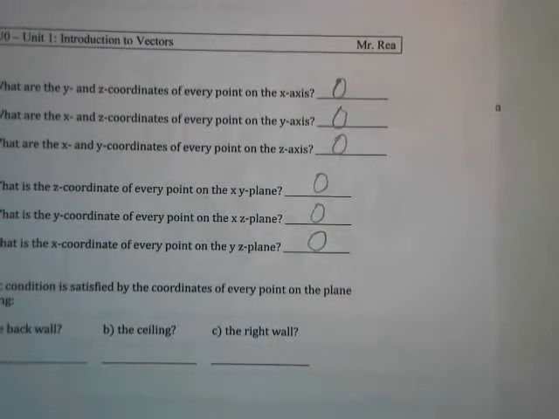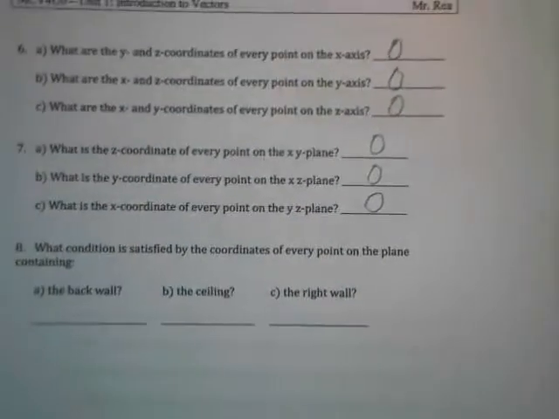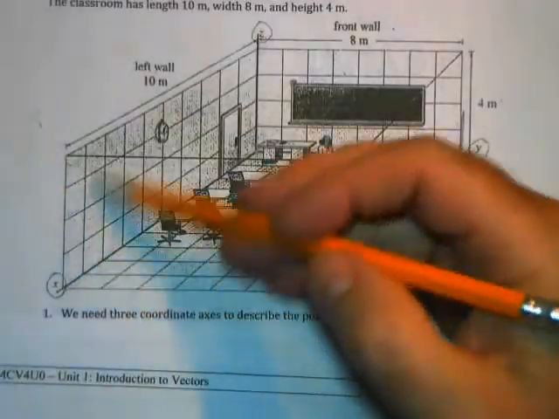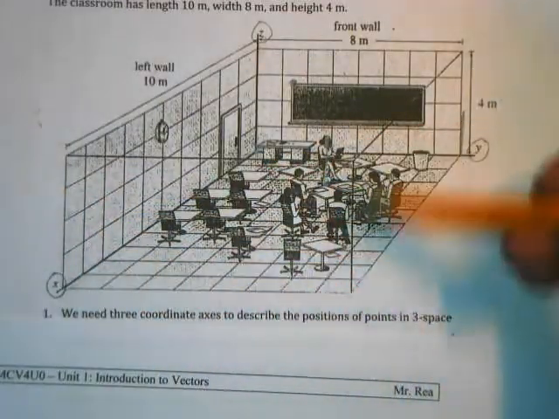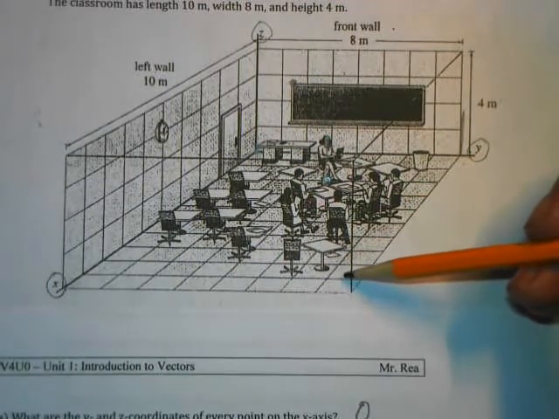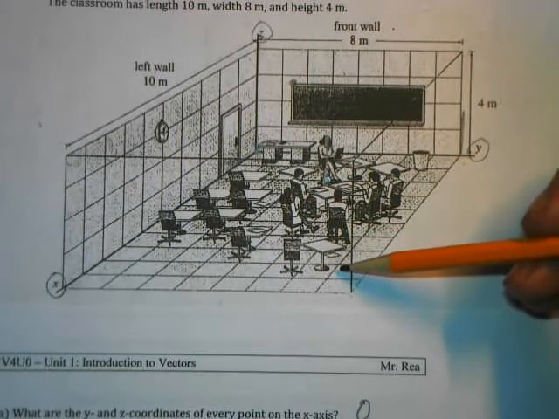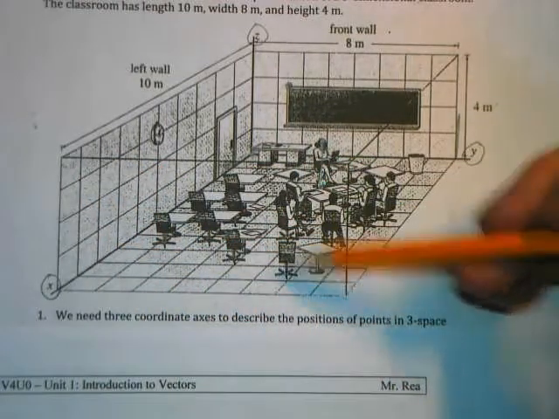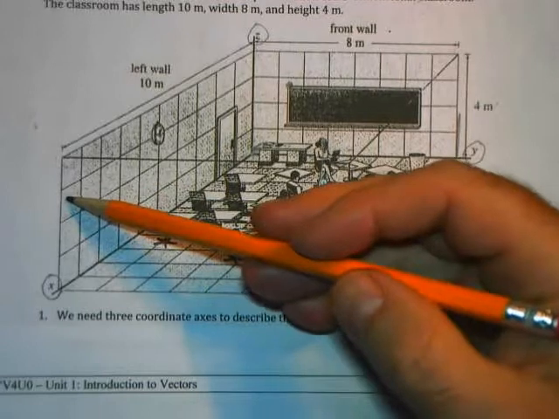Now, here's where we actually come up with the condition which gives us the equation of these planes. So the back wall is the wall we can see through here. Now, in terms of the coordinates here, what is actually staying the same?